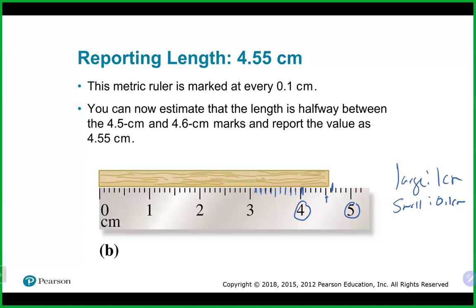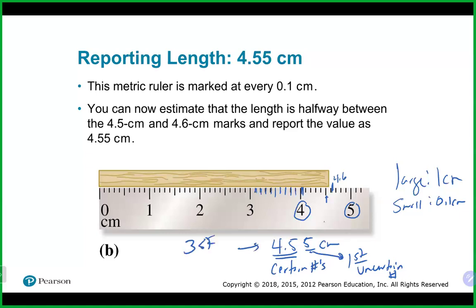This is 4.6 there, which looks like it's just past where that is. So it is for sure 4.5. Once again, in this case, this would be our certain numbers. And they estimate it's about halfway between the next dash, so they did put a 5 there for our first uncertain number. This would have 3 significant figures. The last 5 there would be the estimated digit, or uncertain digit, in this particular case.